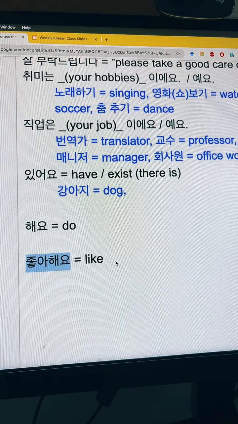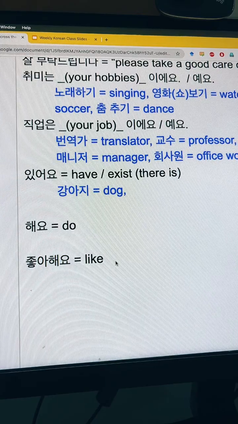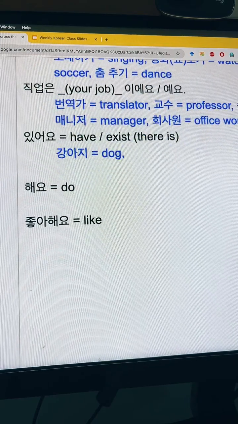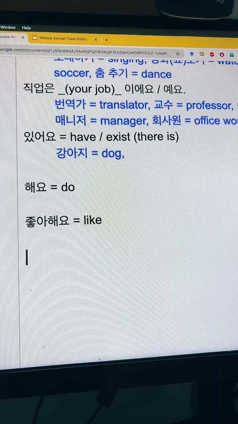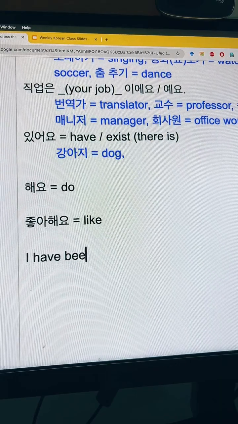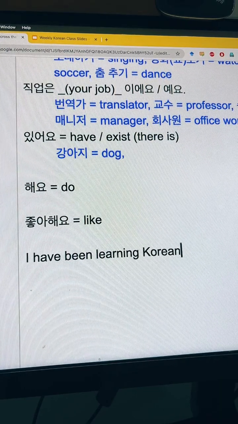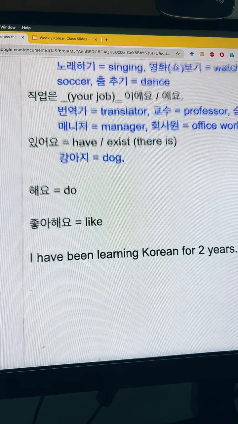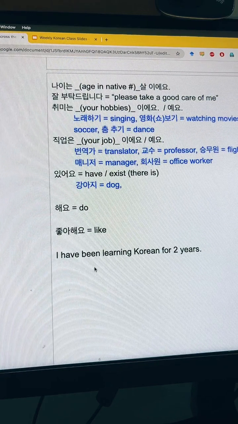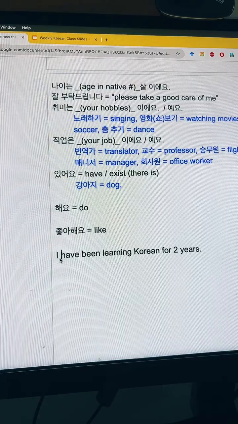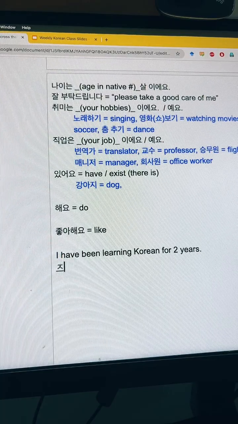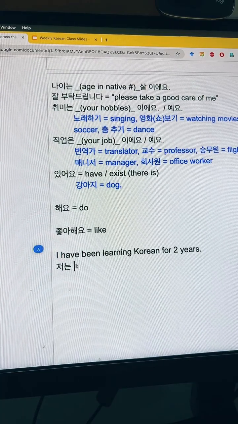Bria, how do you say you've been doing something for a period of time, like learning Korean for 2 years? Yeah, good question. So let's just do an actual sentence. I have been learning Korean for 2 years, okay? So what are some words you need to know? First of all, how do you say I? 저는, okay?